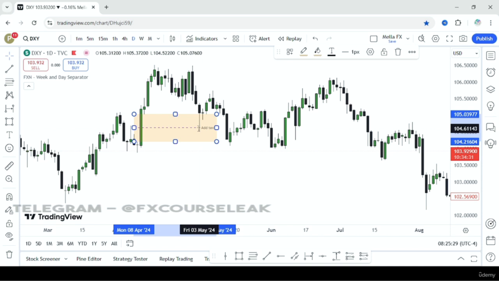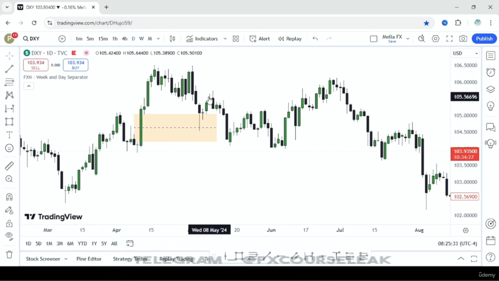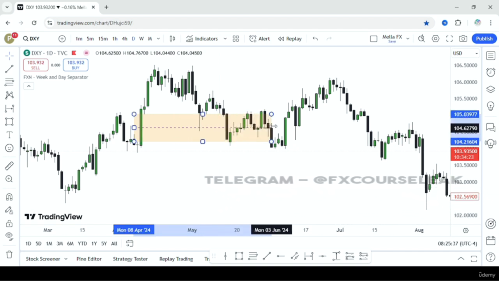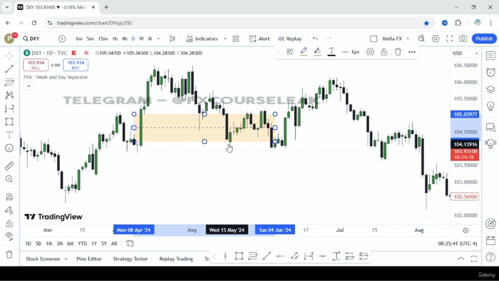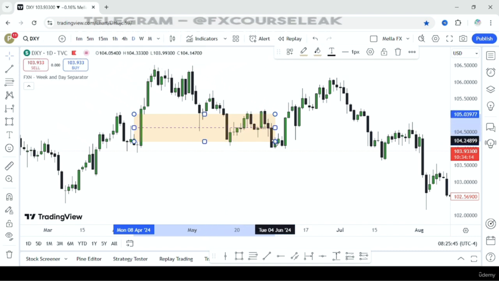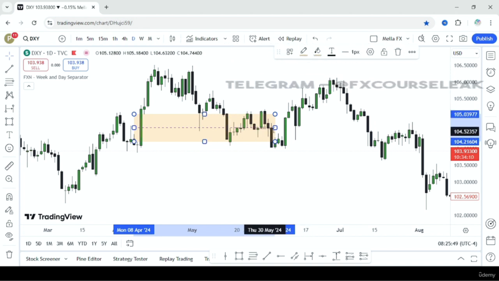We came, retested the middle point of it, moved away, came back again, filled it, moved back to the high of it, then drove lower, then up again. It did a lot of things.